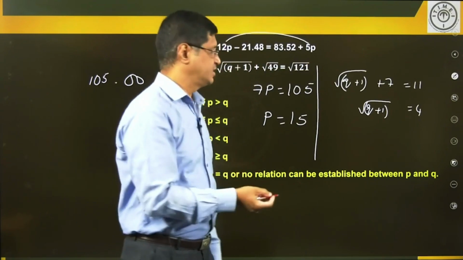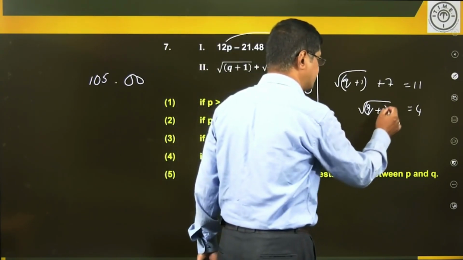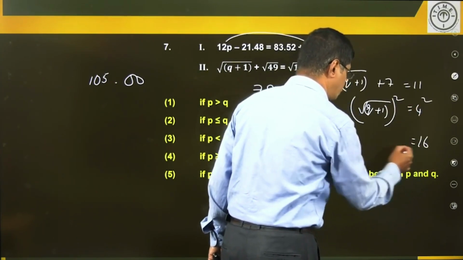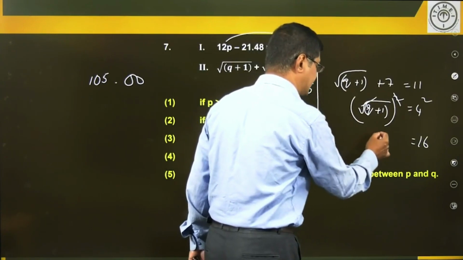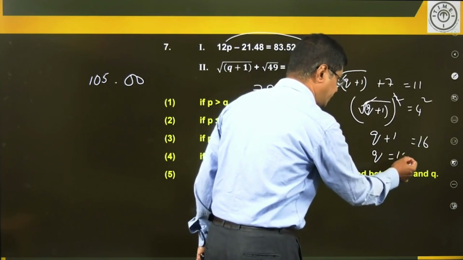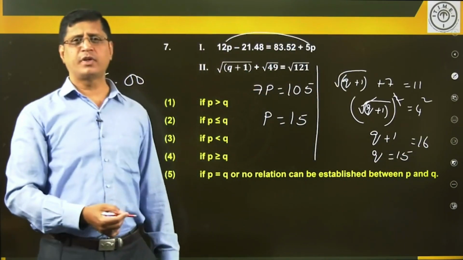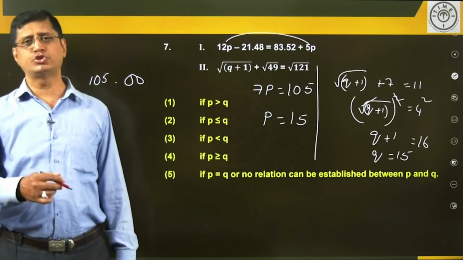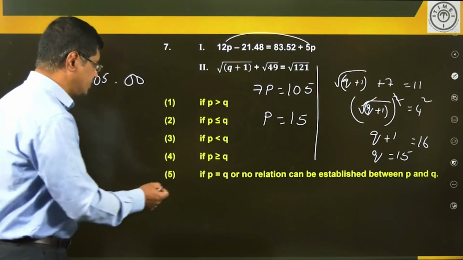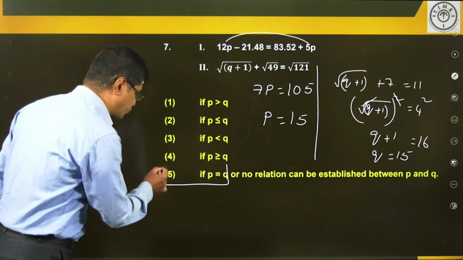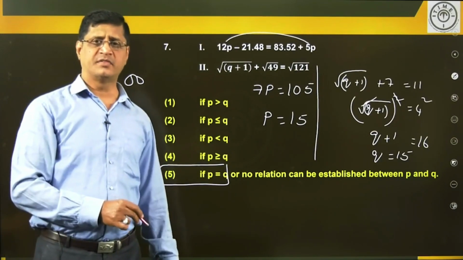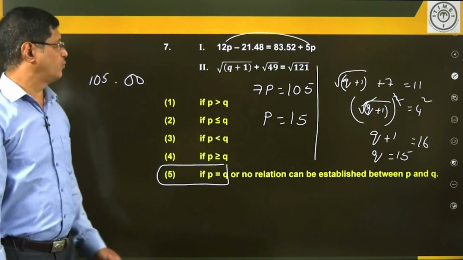Squaring on both sides, we get 16 is equal to Q plus 1. How much is the value of Q? That is 15. P is equal to 15, Q is equal to 15. How are these two related? These two are equal. P is equal to Q means the right choice is option 5. The answer for this question is option 5.